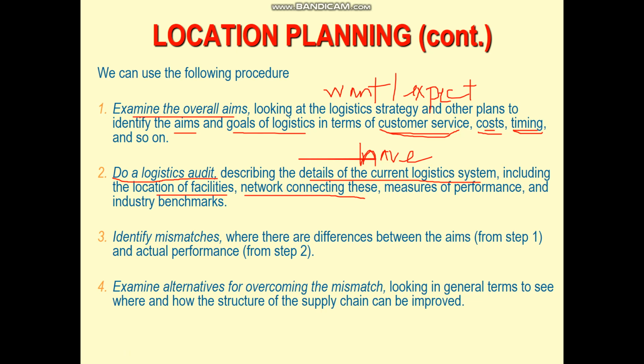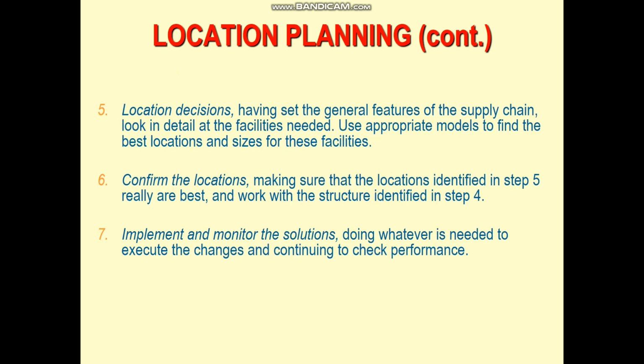So in the fourth step, we examine the alternatives to see where and how the structure of the supply chain can be improved. Then after that, we make the location decision.